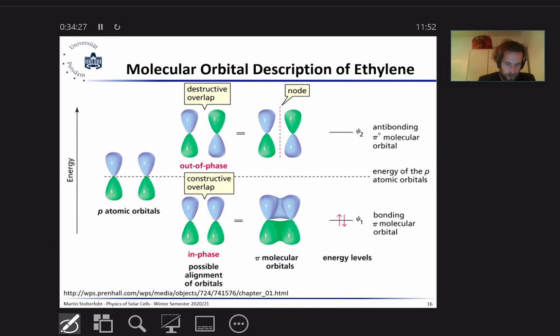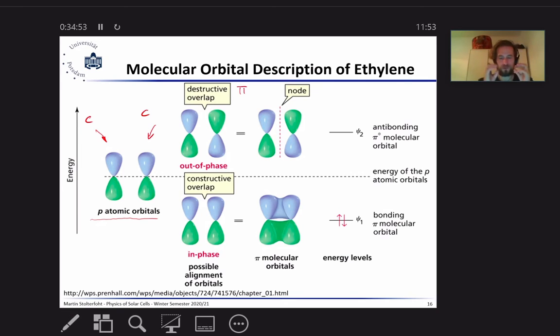So there are p orbitals, and this is two p orbitals, right? We bring together from two carbon atoms. This is one carbon, and this is the other carbon. And then pi bonds, molecular bonds are formed.